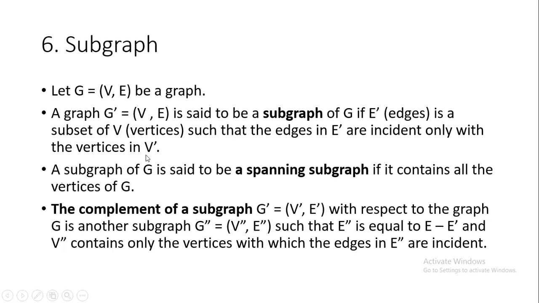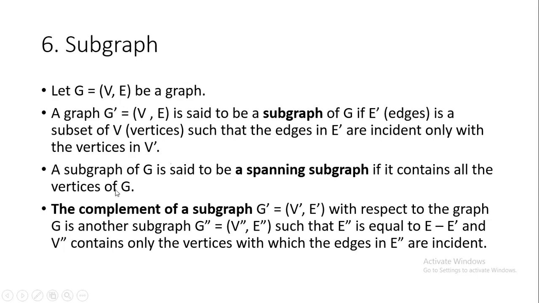So this is the definition of the subgraph. A subgraph is a subset of the graph G, meaning E dash is a subset of E and V dash is a subset of V.